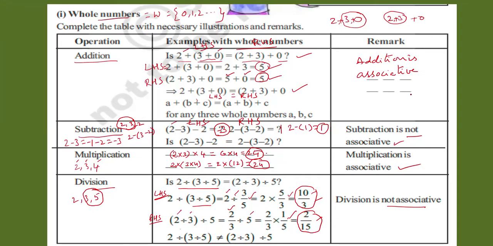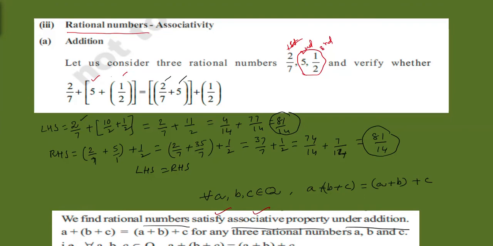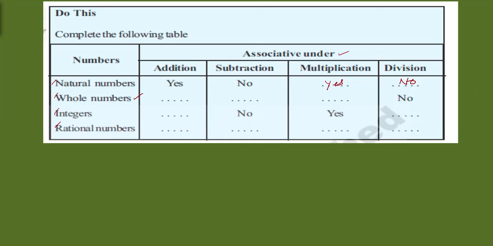In whole numbers, addition is associative, multiplication is associative, subtraction and division are not associative. So you may write those points, keep them in mind and fill the table. Whole numbers: addition is associative, subtraction is not associative, multiplication is associative. Division is already written there, that is not associative.